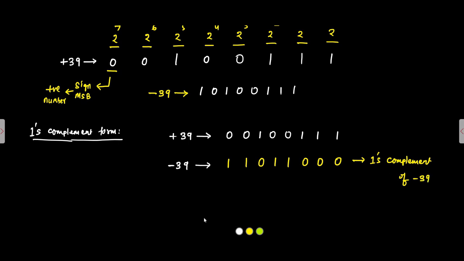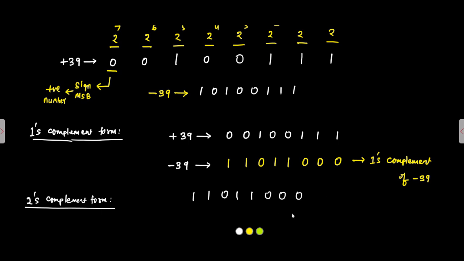Next is 2s complement. For the 2s complement, we have to add a 1 to the LSB of the 1s complement form. So this is the 1s complement of minus 39, which we'll write here: 1 1 0 1 1 0 0 0.